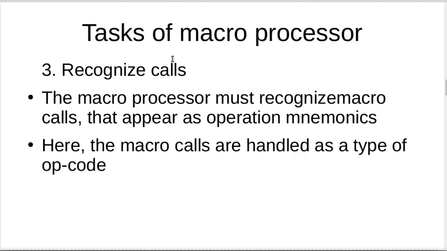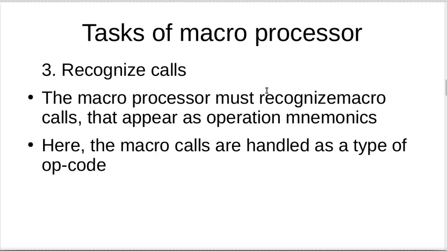The third task of a macroprocessor is to recognize the macro calls. The macroprocessor must recognize macro calls that appear as operation mnemonics. We have already gone through macro calls in the previous lectures too, so right now I am not providing any further examples, because we have done ample examples in the previous classes.